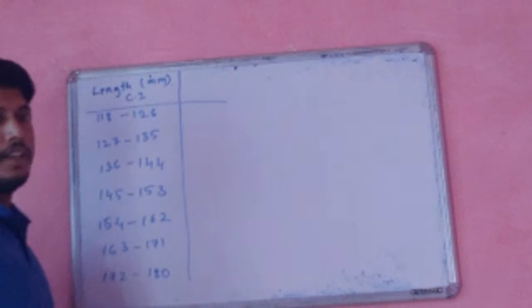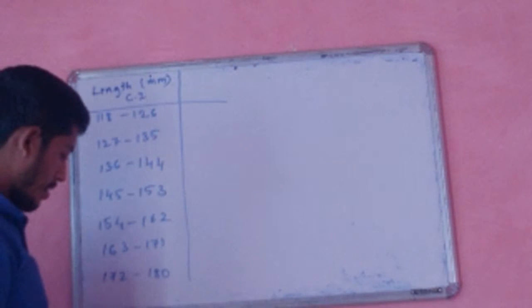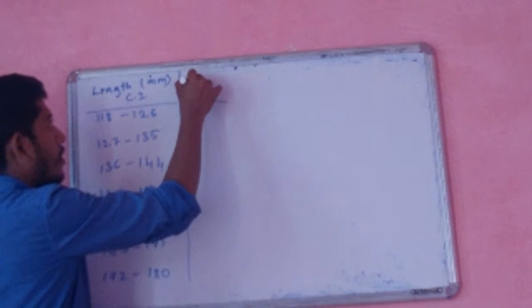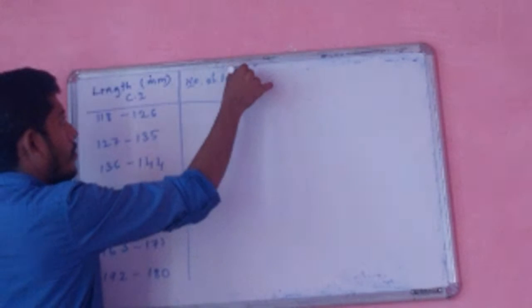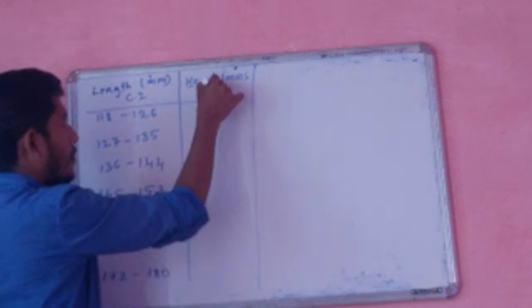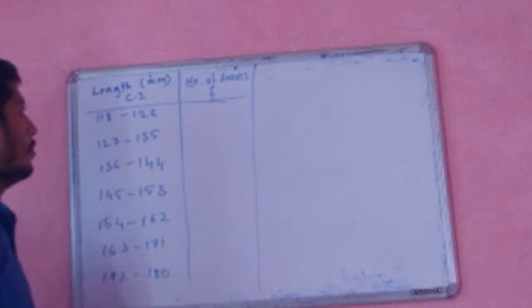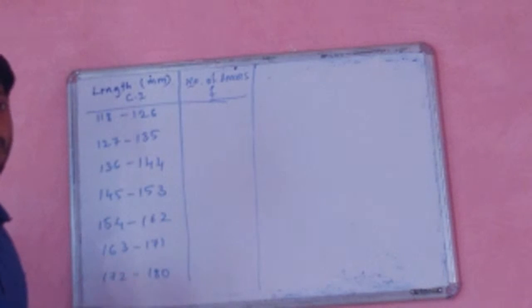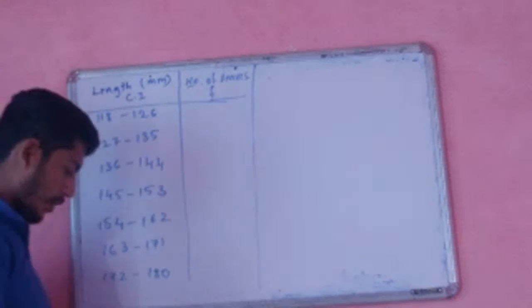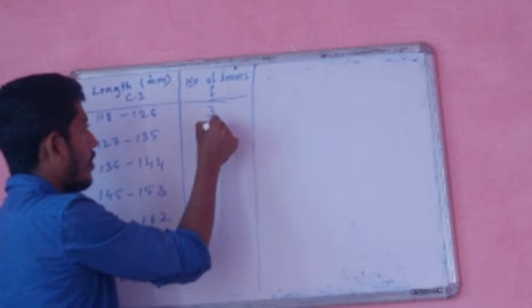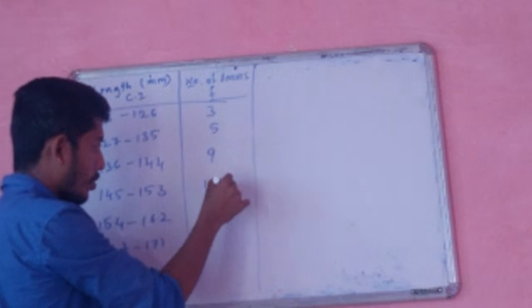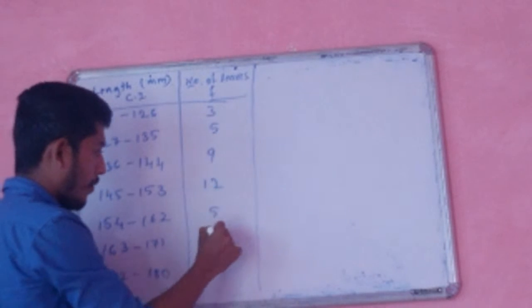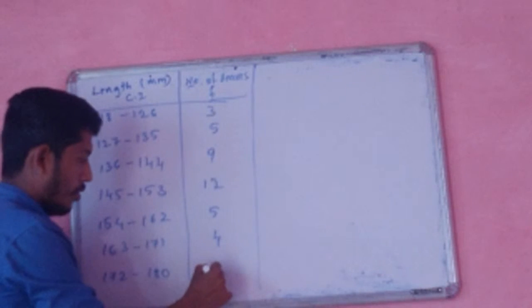Okay, these are the lengths and the number of leaves. That is frequency here, because the values are not given in terms of below or above. So frequencies are given: 3, 5, 9, 12, 5, 4, 2.